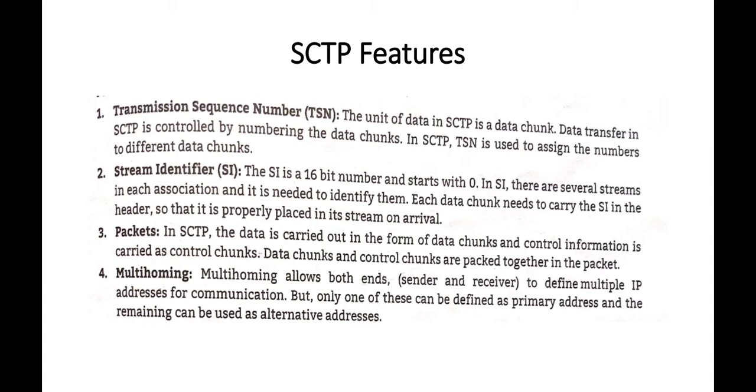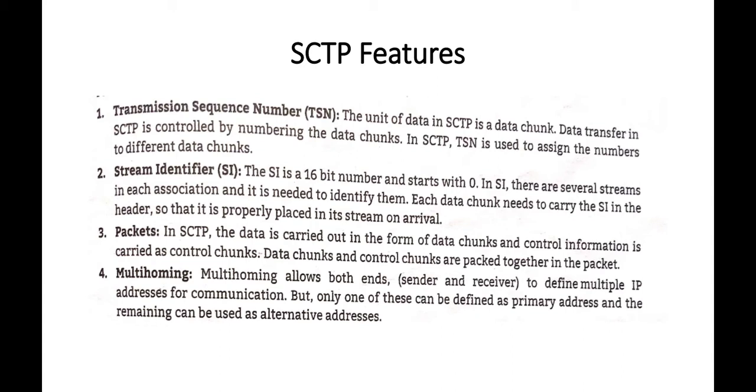Just like TCP allocates a sequence number to each and every segment, here we allocate a sequence number to each and every data chunk. A data chunk is the data present in a block. So TSN is used to assign a number to different data chunks. Different blocks are sent from sender to receiver, and to each and every data chunk we allocate the TSN, the transmission sequence number.